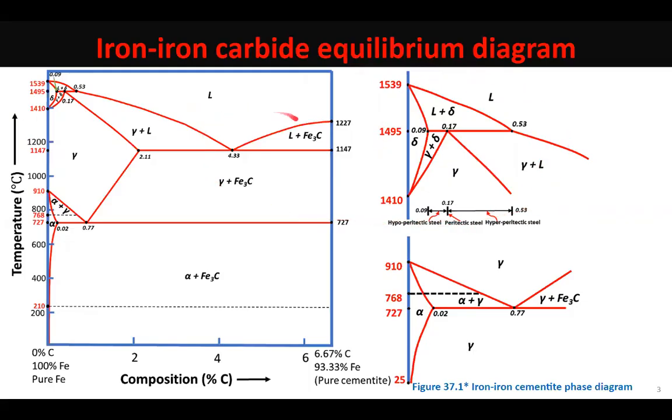Then this intermediate temperature region is called the eutectic region. 4.33% carbon is the eutectic composition, and 1147 happens to be the eutectic temperature. Then this relatively lower temperature region is called the eutectoid region, shown here on a magnified scale. 0.77% carbon is called the eutectoid composition, and 727 degrees centigrade is the eutectoid temperature.